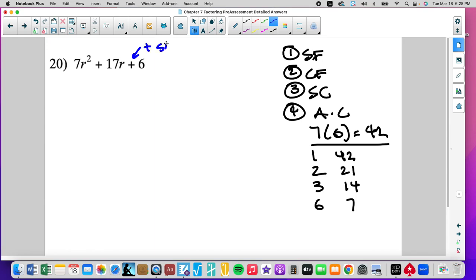Addition means they're the same and they're both positive.